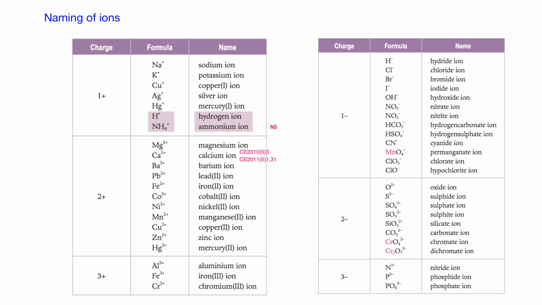So now we come to the main focus of this chapter, names of ions. Basically, your task is to memorize the formula and memorize the name. If you know the name, if you know the formula, you know the charge. These are very, very important.